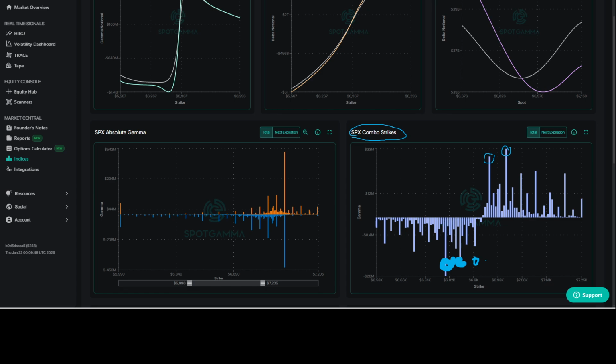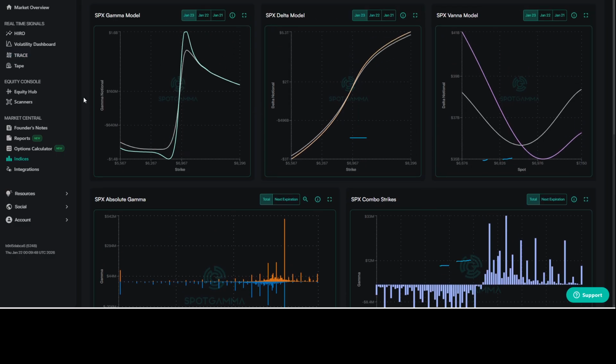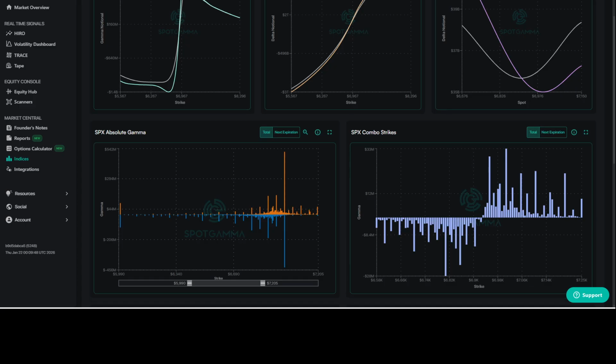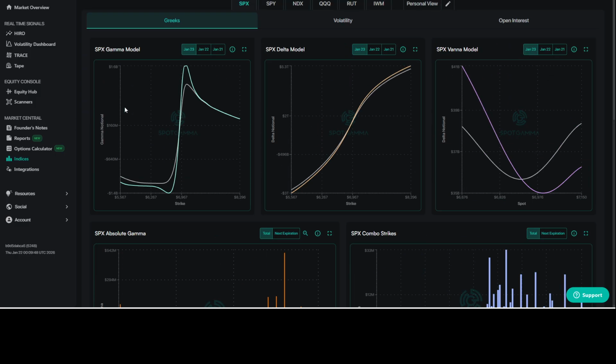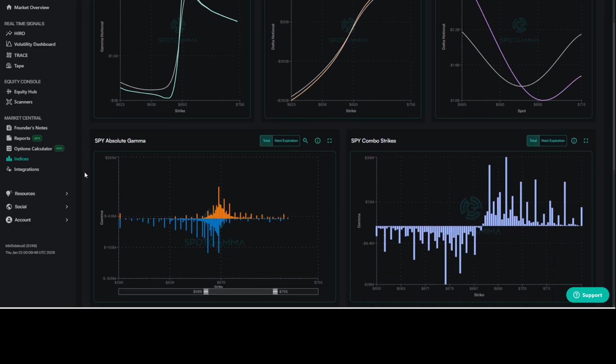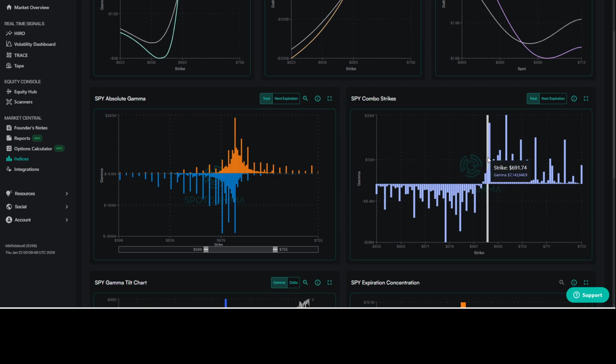These are in the same position for SPX and SPY. See how the bars maintain, but the price changes. Look, this is the SPY and the bars are in the same position.